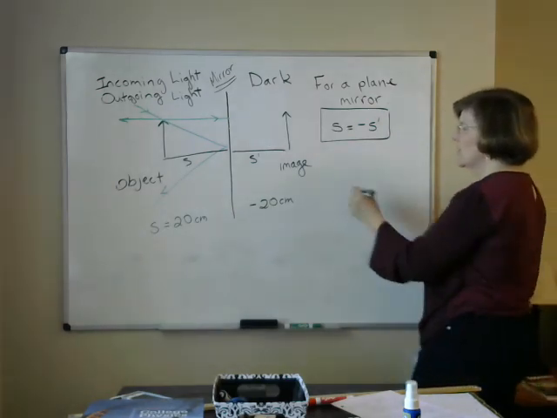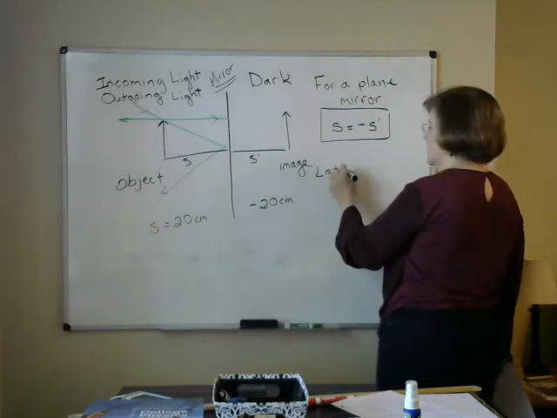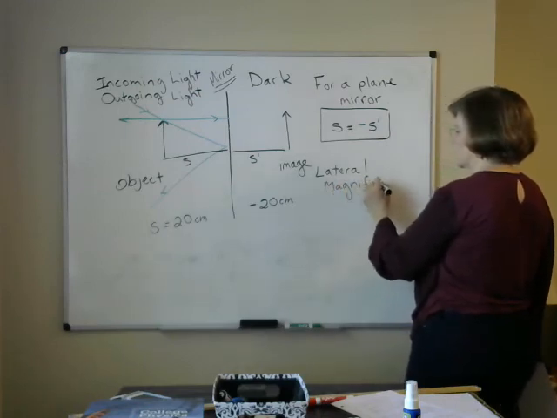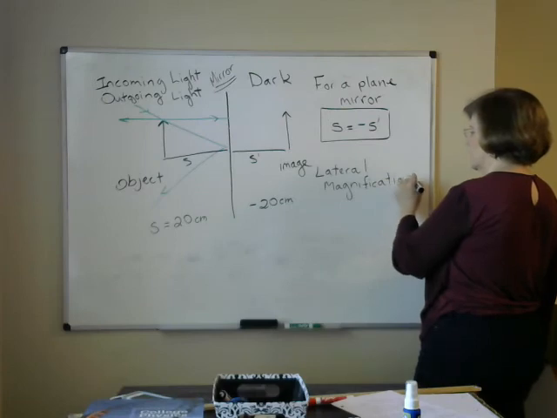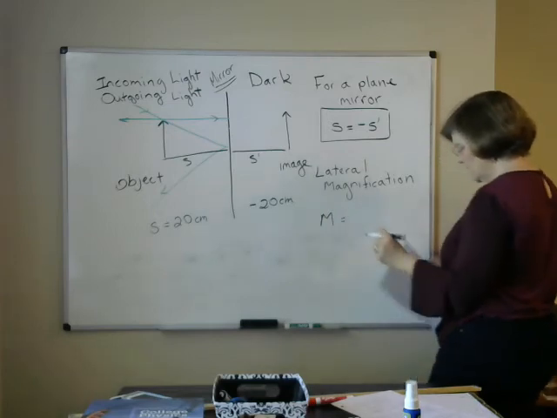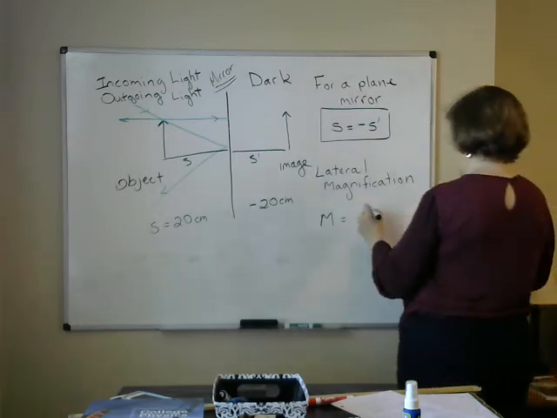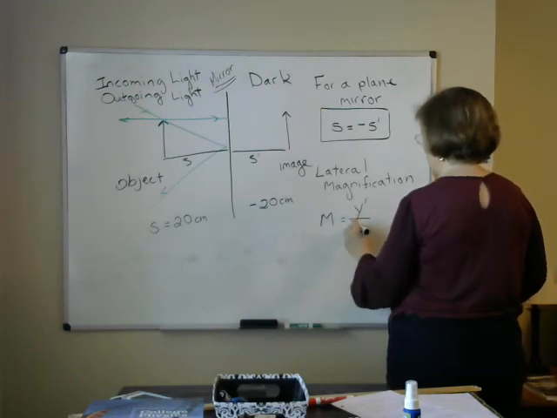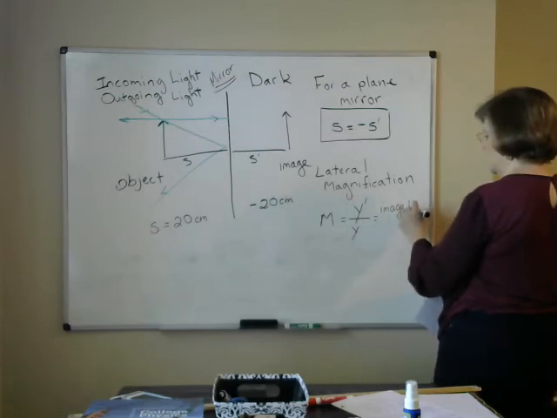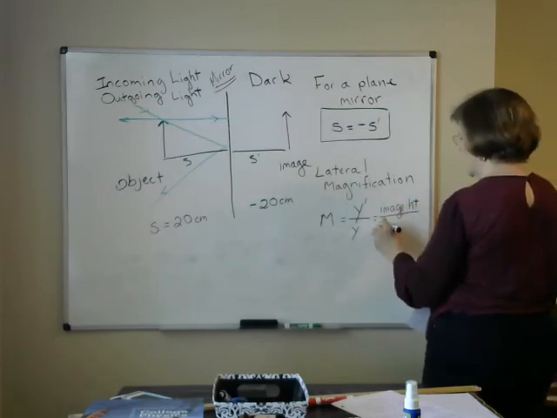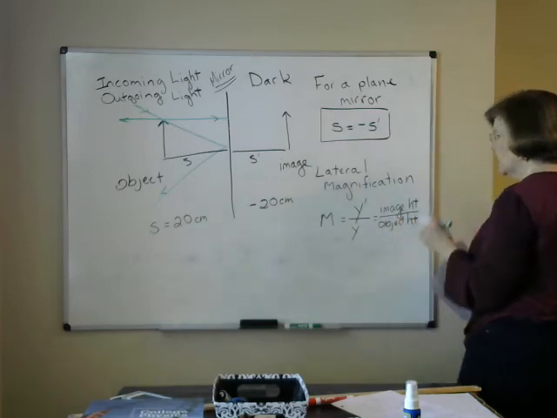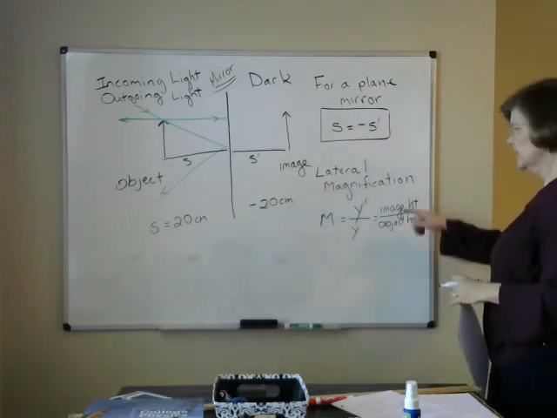There is a formula also for lateral magnification. Lateral magnification, which is a capital M, is equal to y prime over y, which is the image height over the object height. If we're talking about a plane mirror, these two are the same.